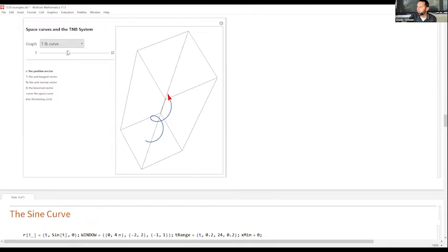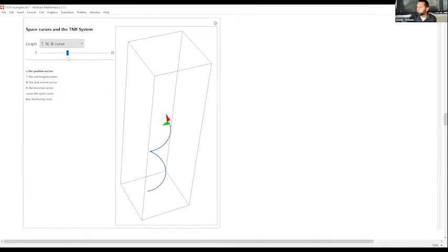Our unit normal vector is going to point into the direction of travel. So notice it's always pointing kind of into the curve. You're always looking for where the curve is happening. Wherever that curve is happening, your normal vector is always pointing into that curve.